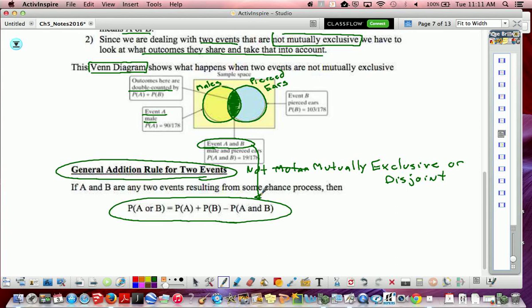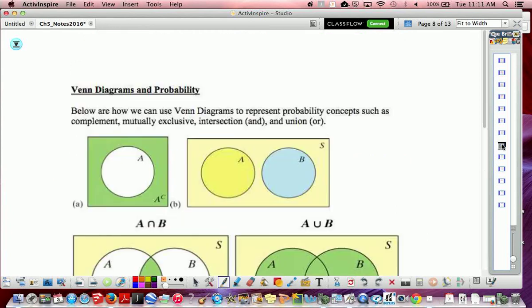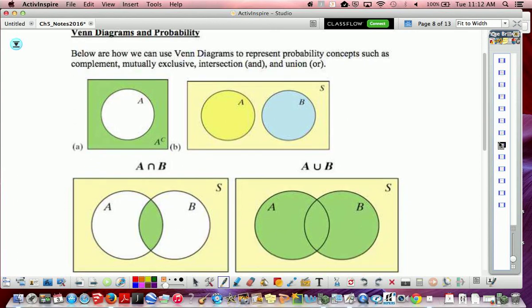So if you go ahead and flip the page, we're going to keep looking at Venn diagrams and how we can use them to represent the different probability concepts we've been talking about. Below are how we can use Venn diagrams to represent concepts such as complement, mutually exclusive, intersection, and union.